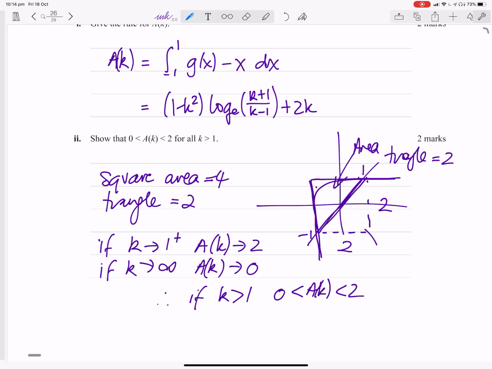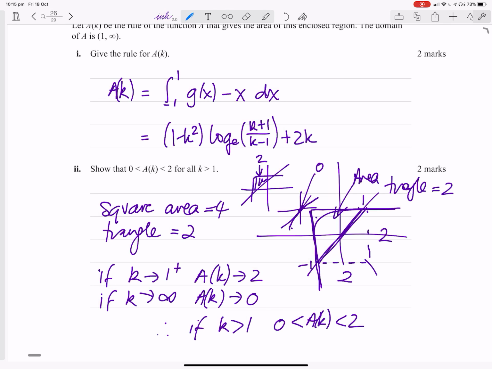So it's got to be bound by the triangle, which is 2, and then the other one is if you've got that line and your curve is basically flat, the area is 0.